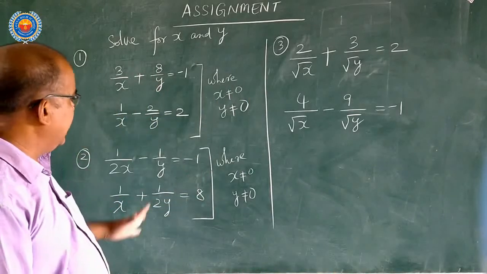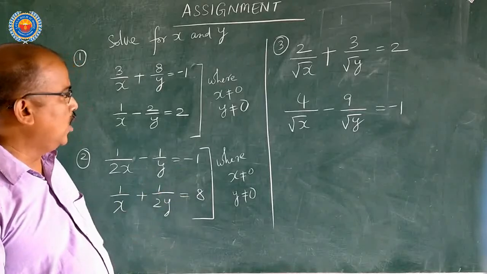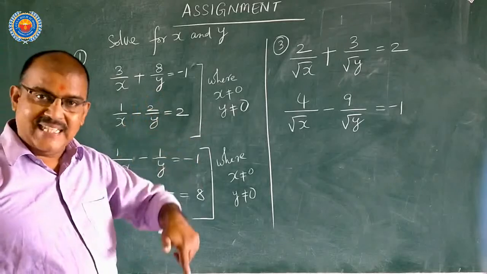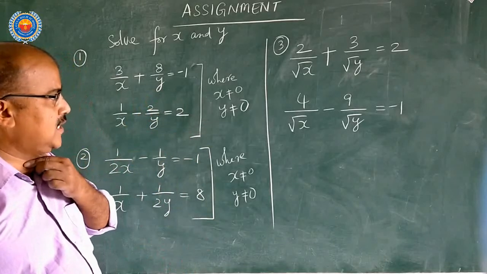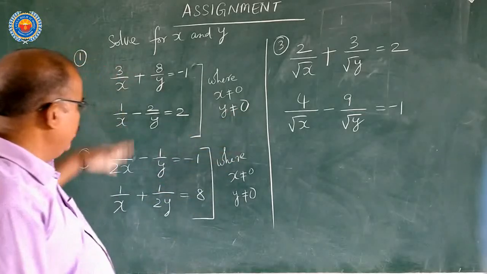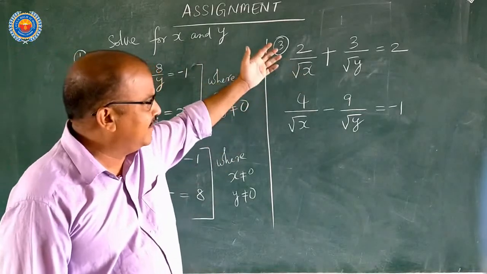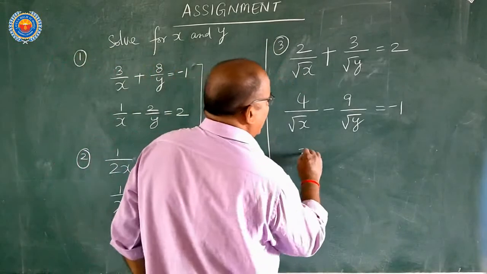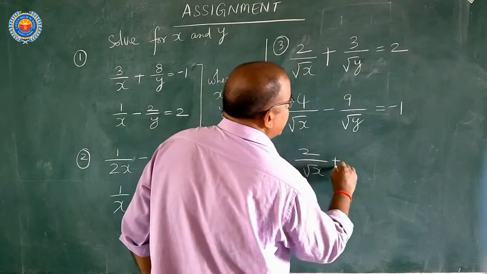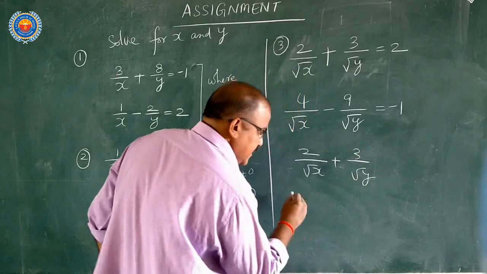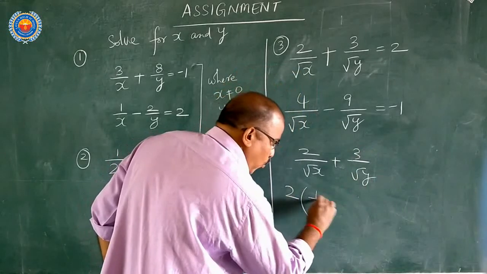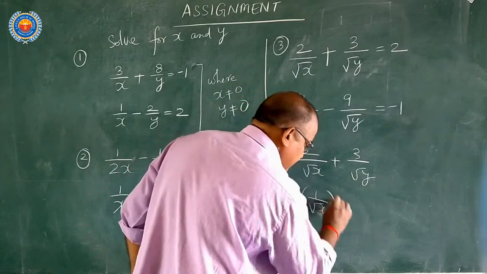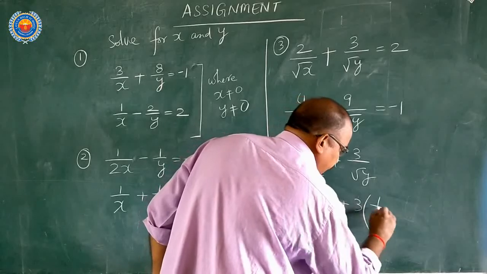This is the assignment. 3 sums are given. All of you practice and solve these 3 sums and later send the answers. These two you know very well, but here we get confused. What is this actually? 2 by root x plus 3 by root y is nothing but 2 into 1 by root x plus 3 into 1 by root y.